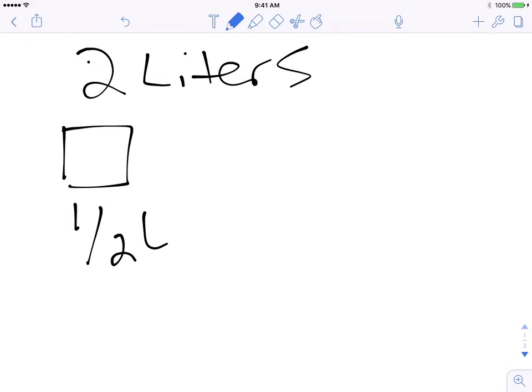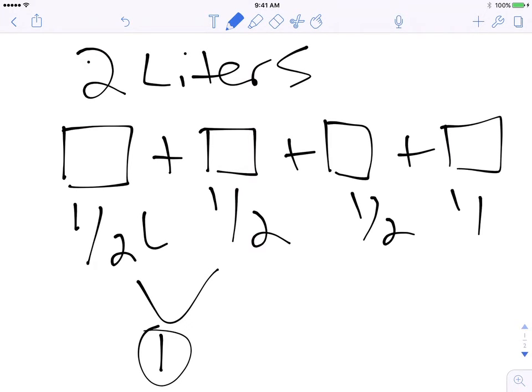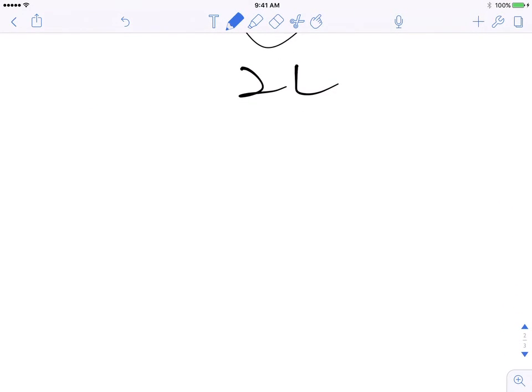Well, we have 1/2 plus 1/2, that makes 1 liter. Well, we can add another one. Is that enough? No, right? Because we would still need another half liter. That's 1.5. So we add one more, and now we have 2 liters. Right? It's pretty easy, right? Okay.